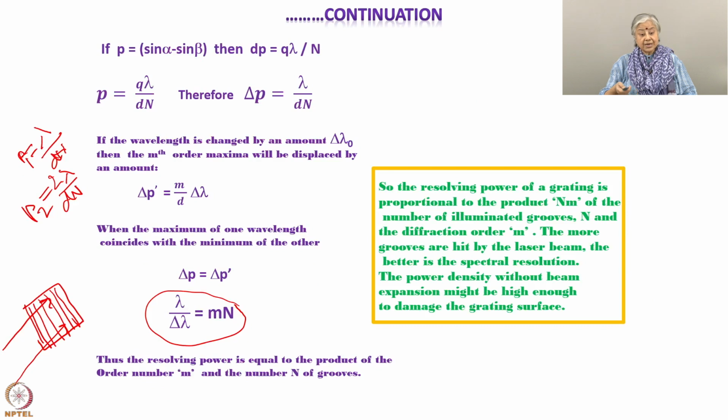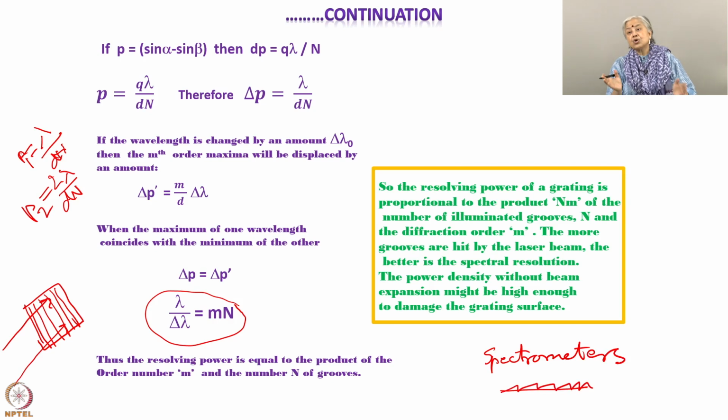By the way, I want to tell you, gratings are not just used in a laser cavity. Gratings are used in monochromators or spectrometers. Spectrometers will always have a grating, something that disperses the light and separates out the wavelengths. With a spectrometer you want to know in a beam of light what kind of wavelengths are there, and the spectrometer gives you the numbers of which laser lines or wavelengths are available.